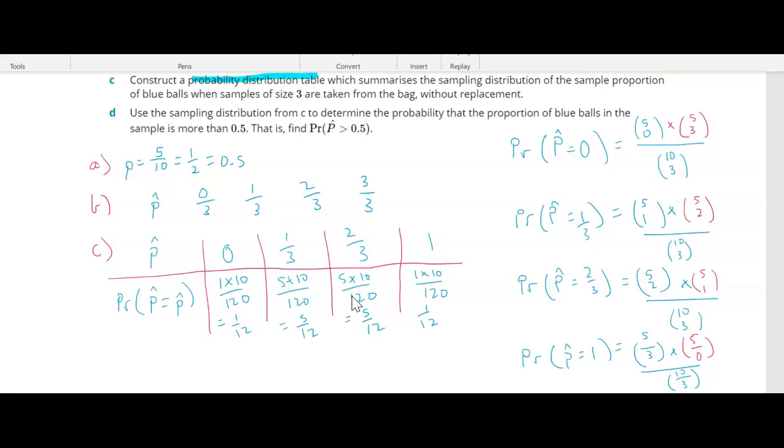All right, so question D, use the sampling distribution from C to determine the probability that the proportion of blue balls in the sample is more than 0.5. That is, find the probability that P is greater than 0.5.